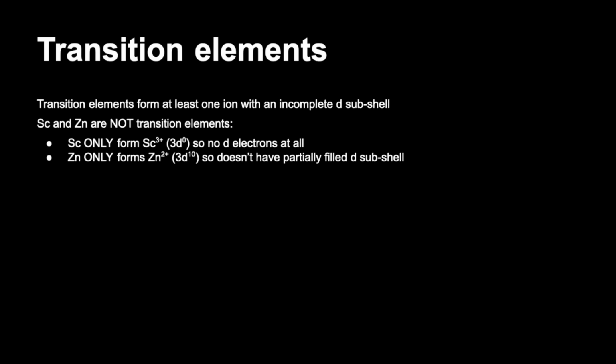Zinc only forms the Zn2+ ion, so that's got a 3d10 configuration, so it doesn't have a partly filled d subshell. Sticking with electron configuration, remember copper and chromium are unusual because they have a 4s1 configuration rather than the normal 4s2 for all the others.